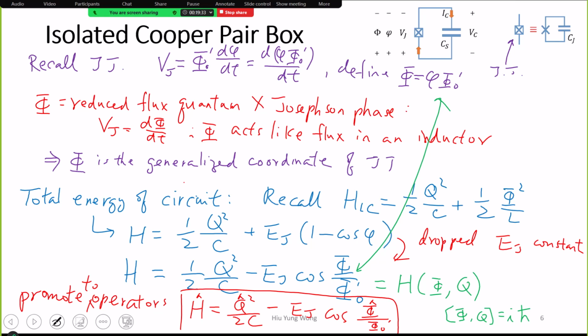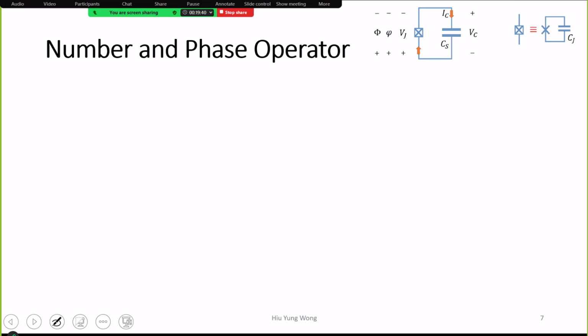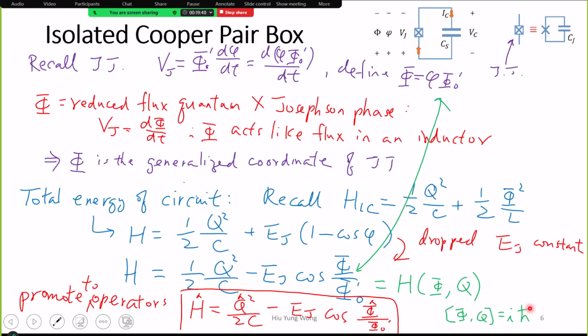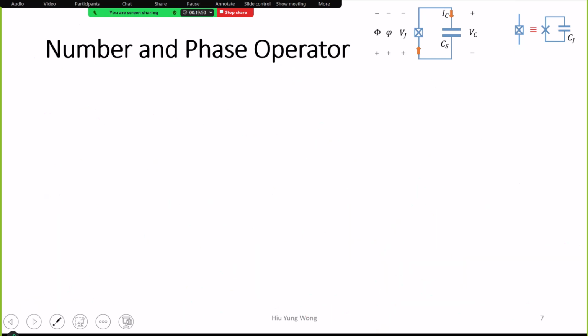But for the Qubit pair box or for this Josephson junction, for this superconducting qubit, it is easier if we work in the so-called number and phase operator instead of the charge and flux. So charge and flux are the conjugate pair.